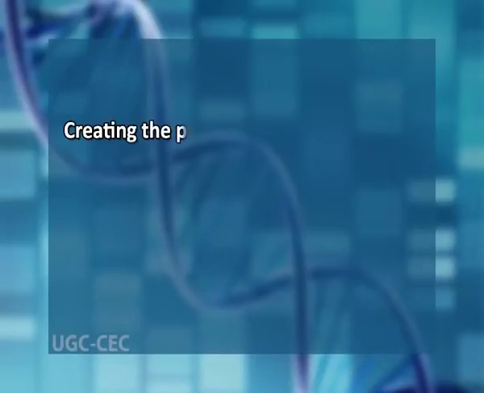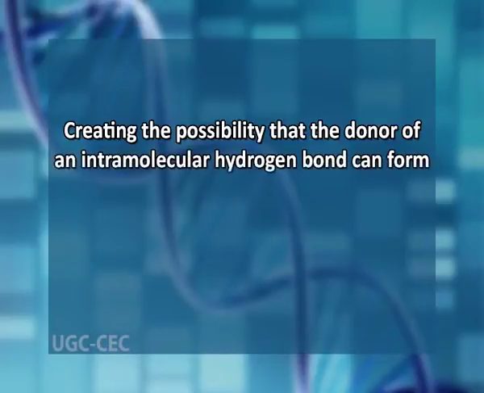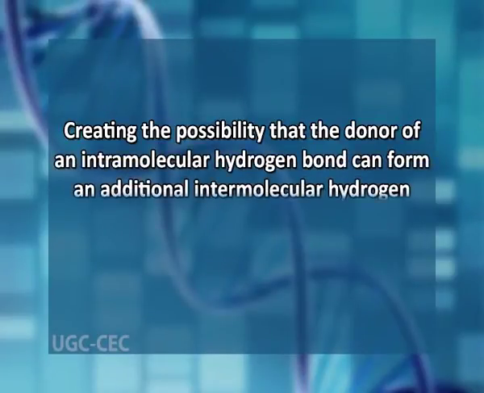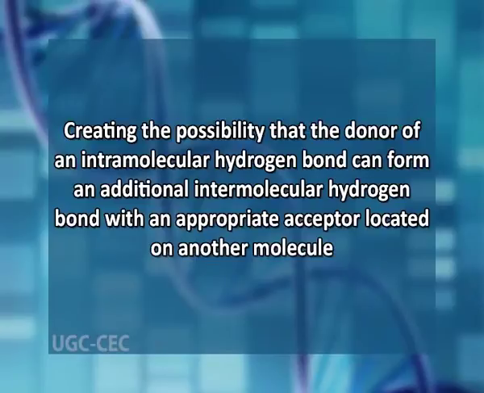Because of the geometrical constraints, intramolecular hydrogen bonds cannot form with the optimal geometry compared to the intermolecular ones, creating the possibility that the donor of an intramolecular hydrogen bond can form an additional intermolecular hydrogen bond with an appropriate acceptor located on another molecule.